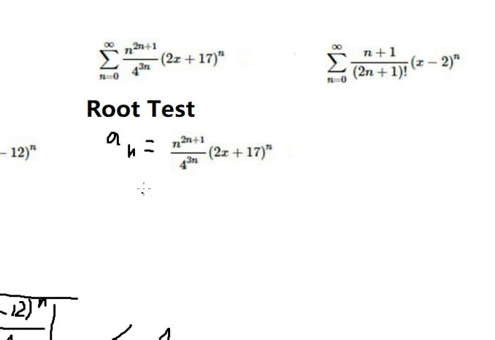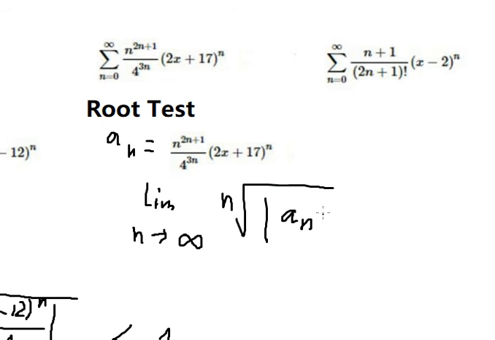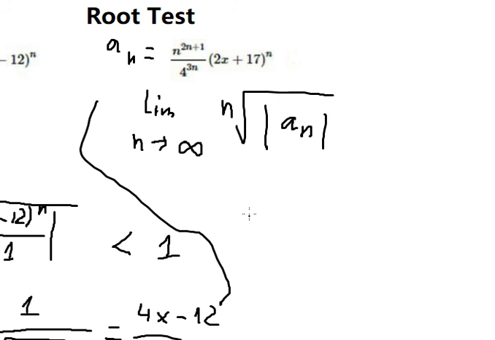Now we put inside the limit. So we will have the n-th root, and we put it in here.